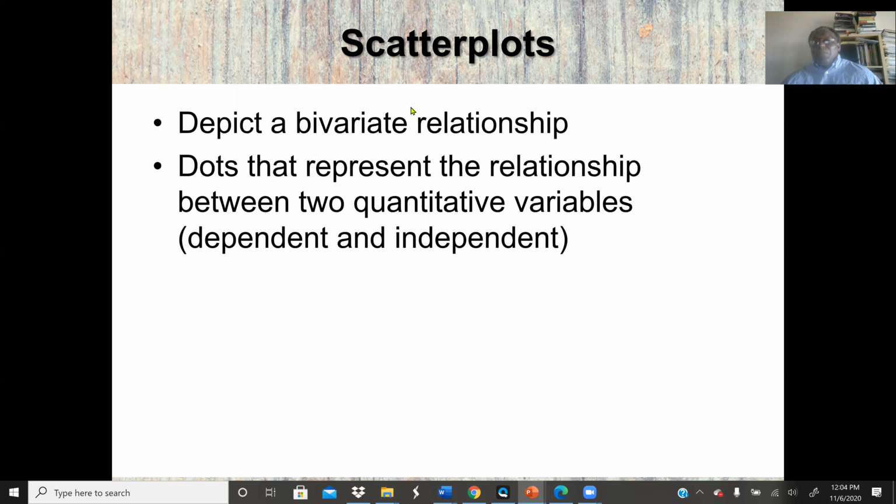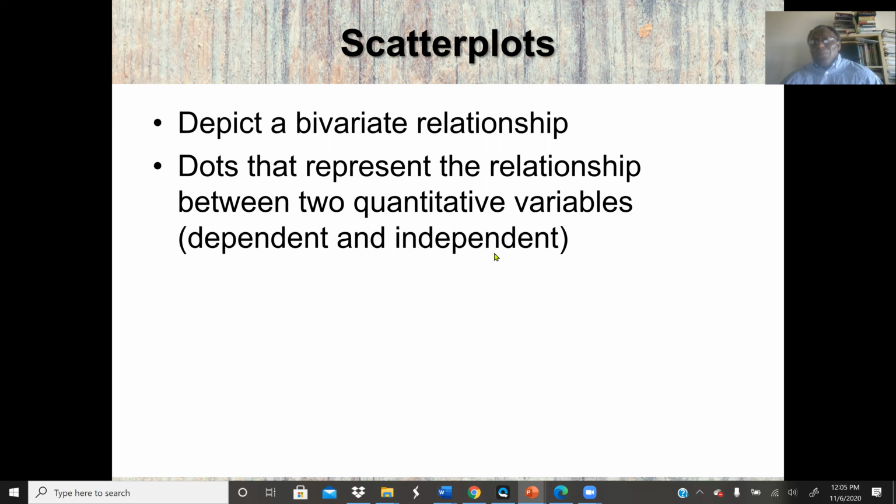Also, we have a scatter plot, which is close to a line plot. Again, we need two variables, a bivariate relationship, because a scatter plot means we have to have x and y axes of the plots. So the dots represent the relationship between two quantitative variables. The y is the dependent variable, x is our independent variable.